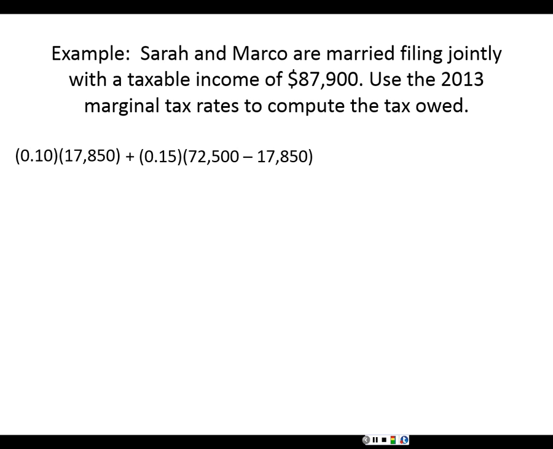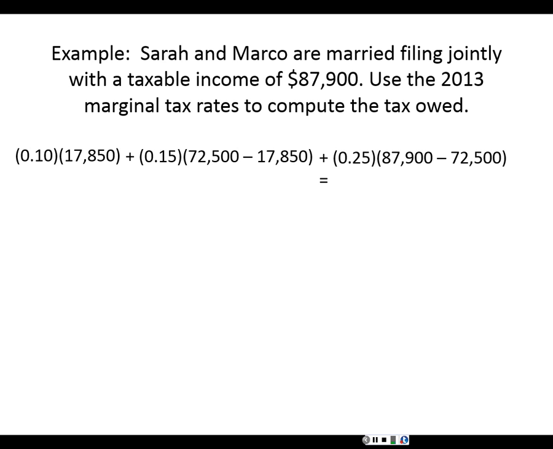I only pay taxes on the money that I made. So the money that I made that falls in the 25% bracket is the $87,900. So I'm going to pay 25% tax on the $87,900 I made, minus however much I've already paid taxes on. So at this point, I've paid taxes on $72,500.